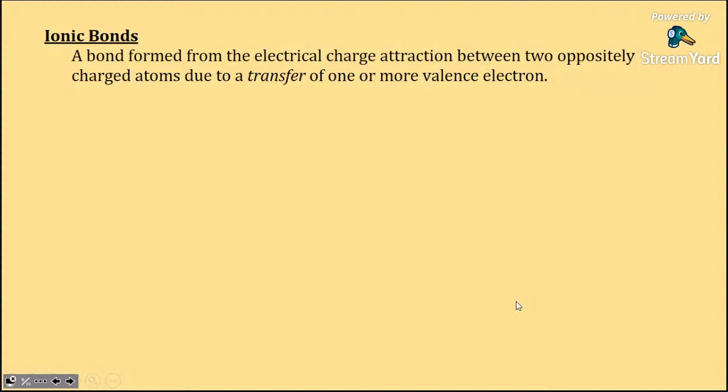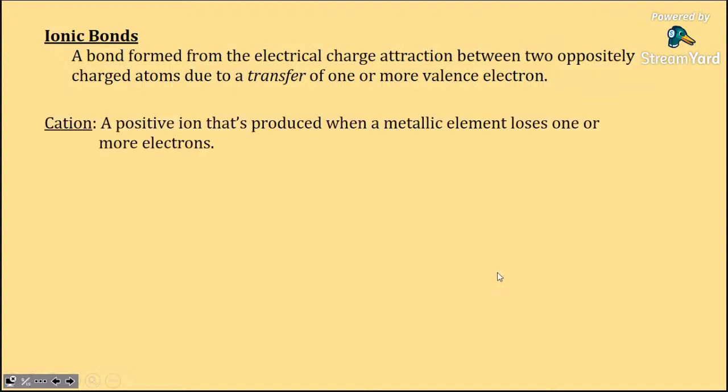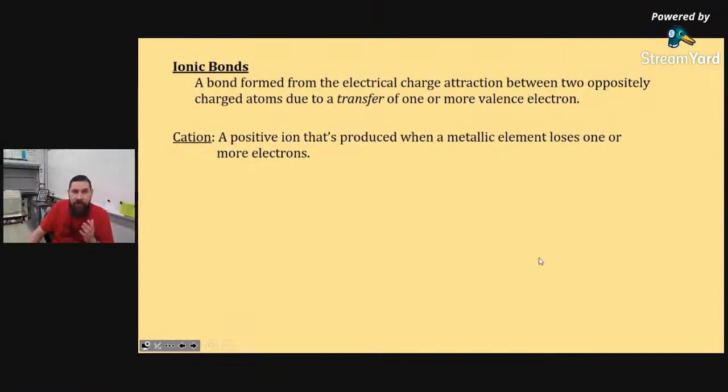And how do we get two oppositely charged atoms? We transfer one or more valence electrons. So when we transfer, there are two more terms that you need to know. The first of these is what's referred to as a cation. A cation is simply a positive ion that's produced when a metallic element loses one or more electrons.